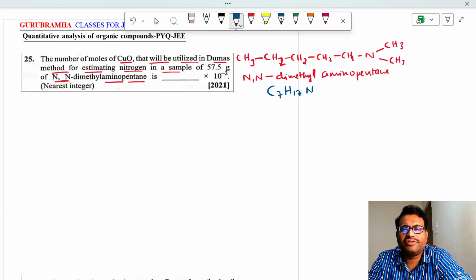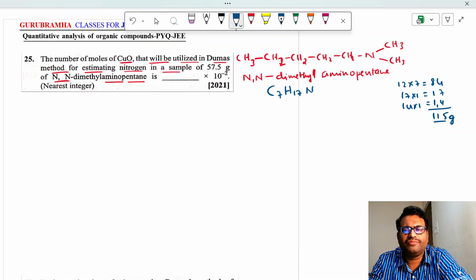Molecular weight: 12 into 7 is 84, 17 into 1 is 17, 14 into 1 is 14. Then you get 115. So molar mass is 115 grams.